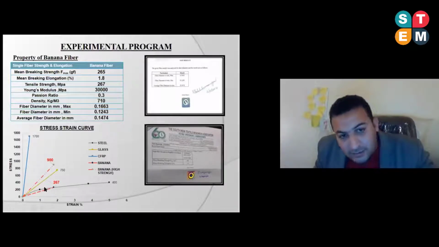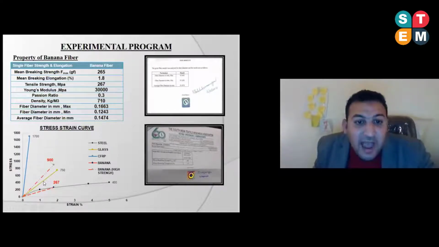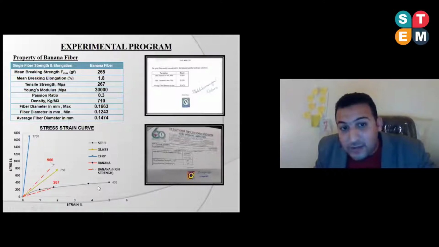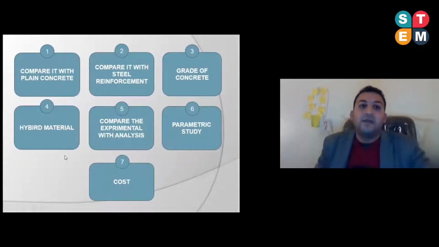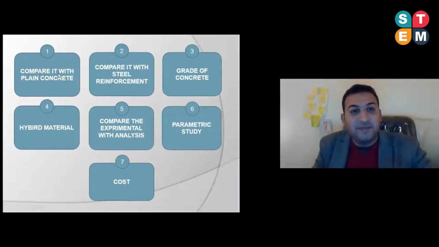So we can explain from this that the banana fiber has a high tensile strength, and we can compare it with the traditional steel bars. The first, compare it with plain concrete. We make a beam and put banana fiber bar in the beam and compare it with the plain concrete.